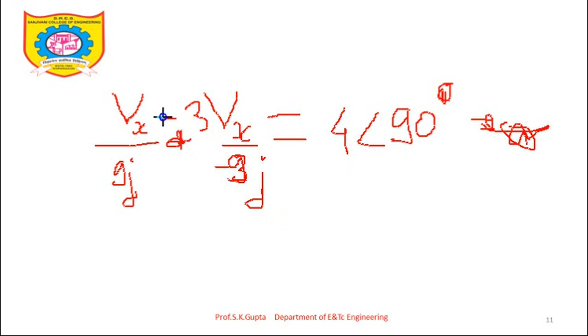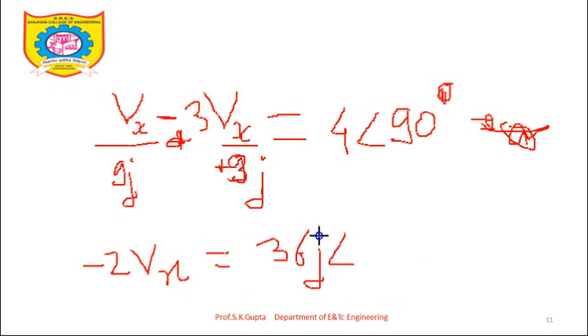So here it is plus 9j. So 9j will go to that side, and this Vx minus 3Vx is minus 2Vx. Minus 2Vx equal to 9 into 4j, that means 36j with angle 90 degree.